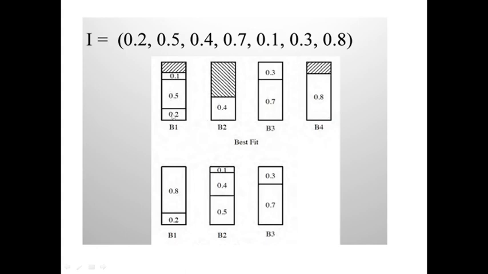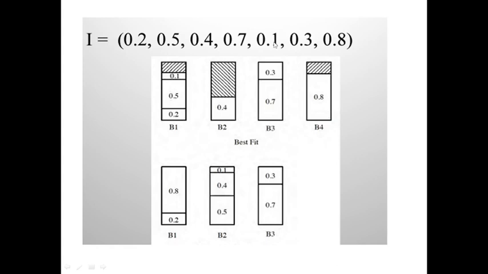So first 0.2 goes in bin 1, then 0.5. Then 0.4 cannot be accommodated in bin 1, so we create a new bin, bin 2. Then you have 0.7. It also cannot be accommodated in bin 1, nor can it go to bin 2, so a new bin is created.